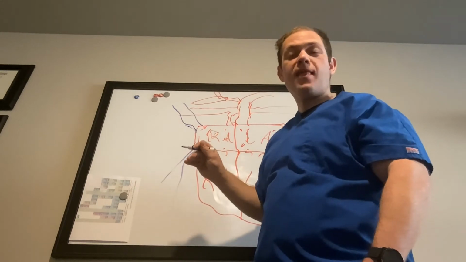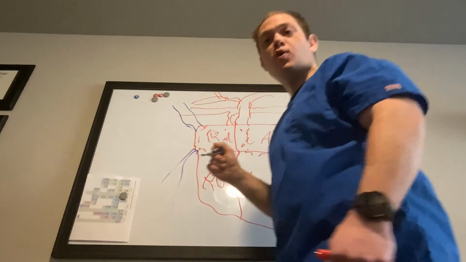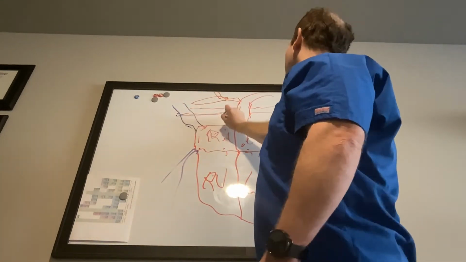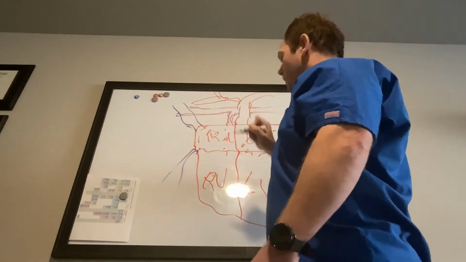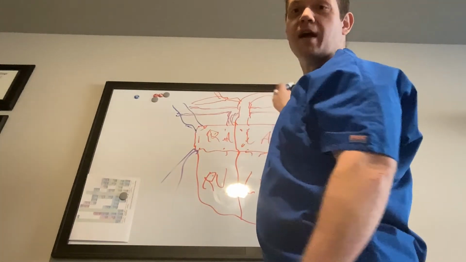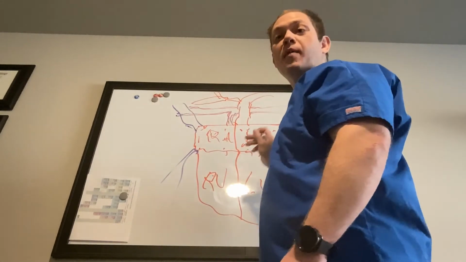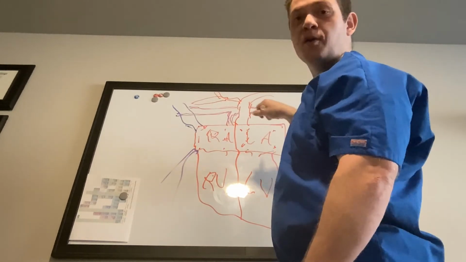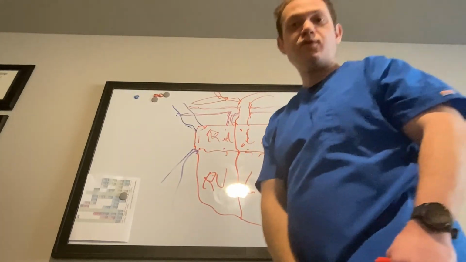I'll draw that. I'll cover it in purple too, so you know it's the oxygenated. And it goes out to the lungs, the right and left, and then comes back through the pulmonary veins, represented by the dots on the left atrium.